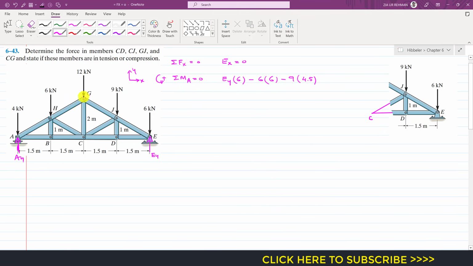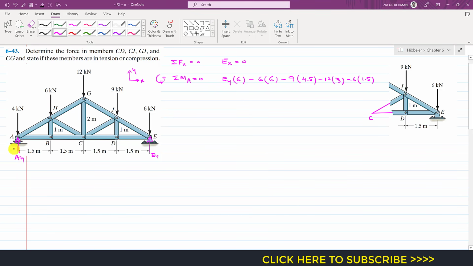Similarly, this 12 kilonewton force is again producing clockwise moment, so I will write minus 12, and its moment arm from point A is 1.5 plus 1.5, so this is 3. Similarly, this 6 kilonewton force is producing the clockwise moment, so I will write minus 6, and its moment arm from point A is 1.5, so I will multiply it with 1.5.